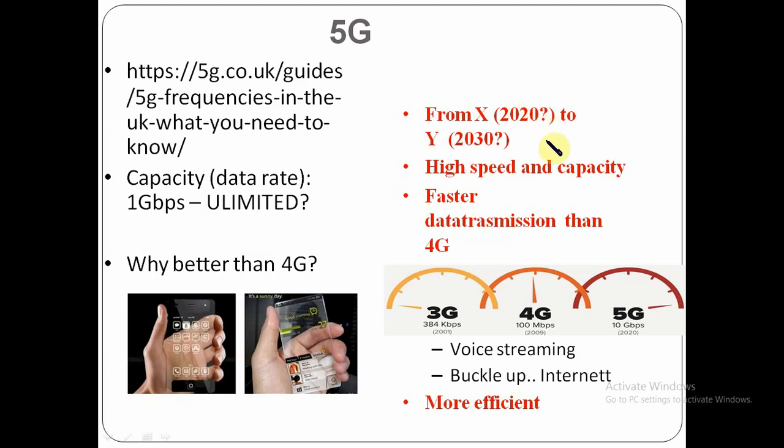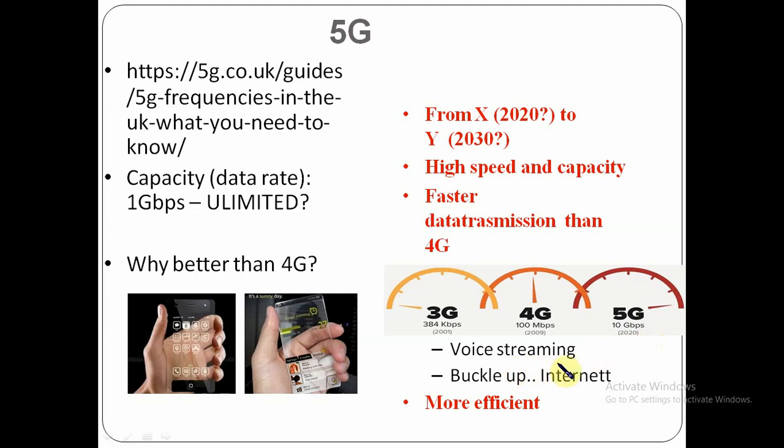2020 onwards to up to 2030 is given with a question mark. This is a grasping technology, with high speed and capacity, very fast data transmission than 4G. That is given in the speedometer symbol: 384 kbps, 100 Mbps, 10 Gbps.